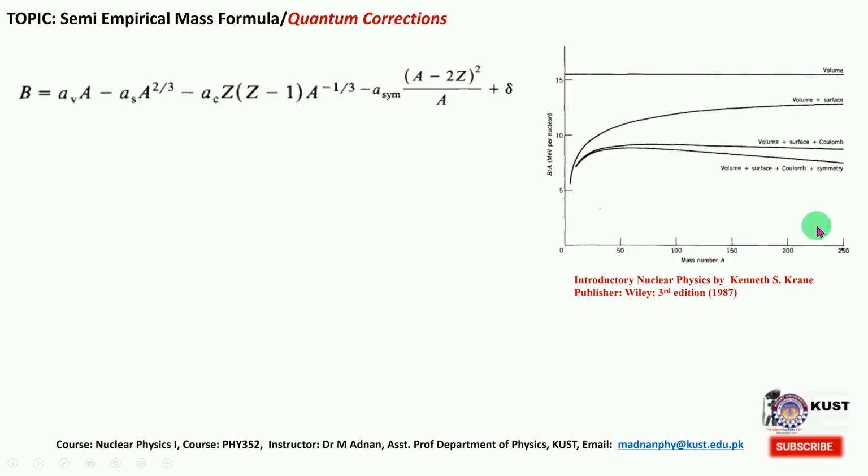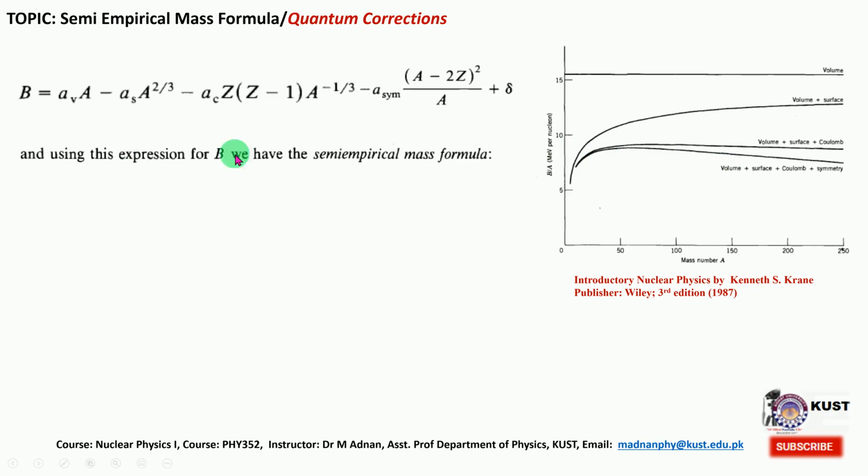If you remember, the surface contribution is more in the lighter elements than in the heavier elements. And today we have explained the asymmetry, and the pairing is not shown in your book, but this will make the binding energy per nucleon curve come around 8 MeV. That is, it will be close to the observational data by adding all these terms.